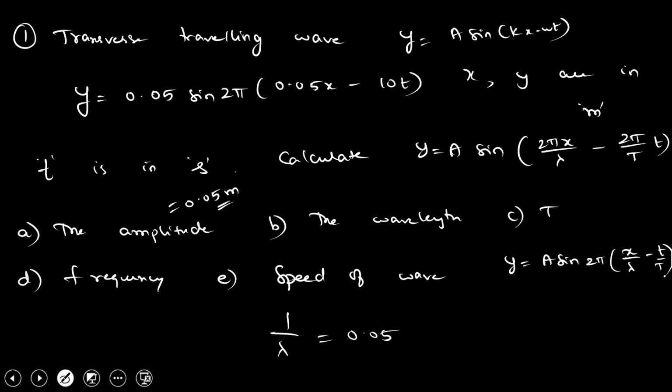Correct? So 1 by lambda is equal to 0.05. So lambda is how much? 1 divided by 0.05, or it is going to be 100 divided by 5. It should be 20 meters.